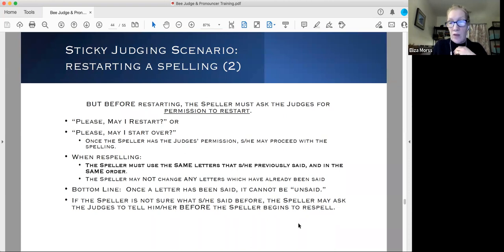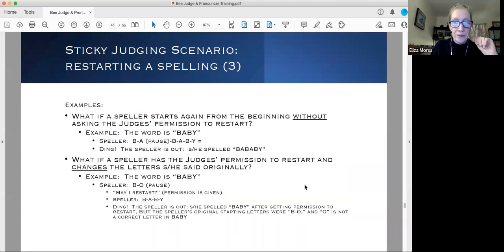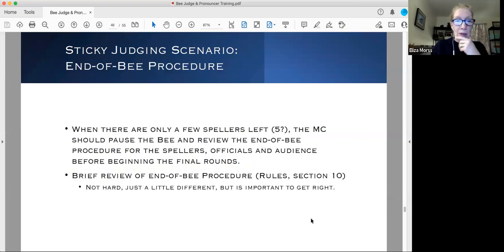And the speller has to ask if they want to restart. It just goes against all instincts. It's so tough. So I just gave those examples of what to do: successful respelling and unsuccessful respellings, or shall we say in this case, actually 2 unsuccessful respellings, ba baby and B-O, correcting my baby thing.